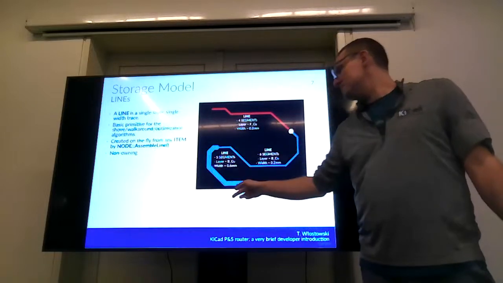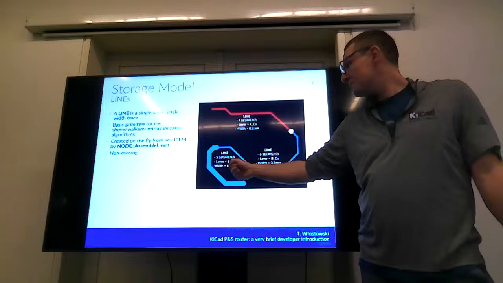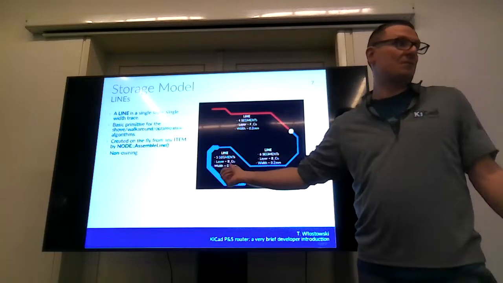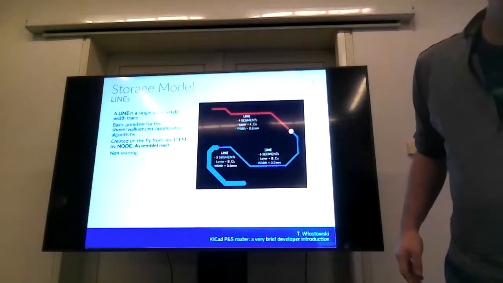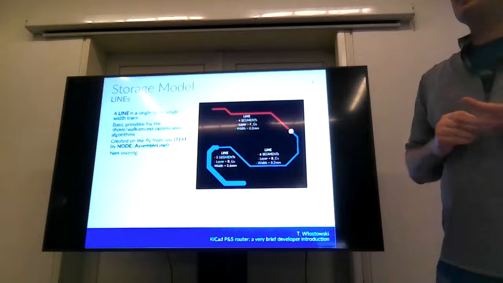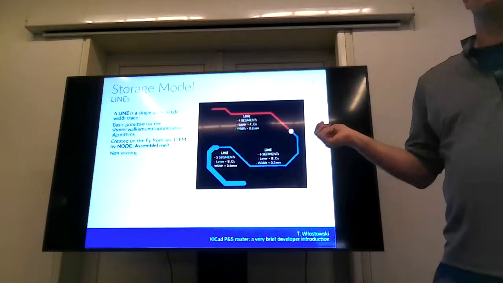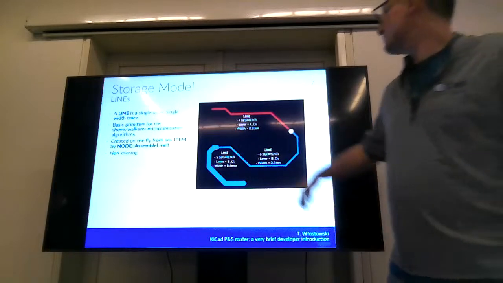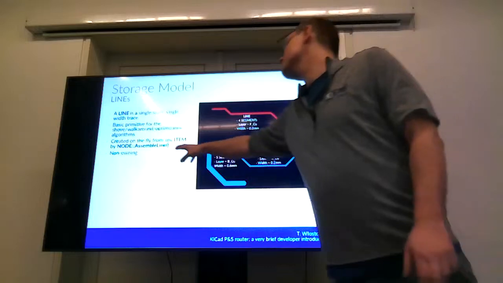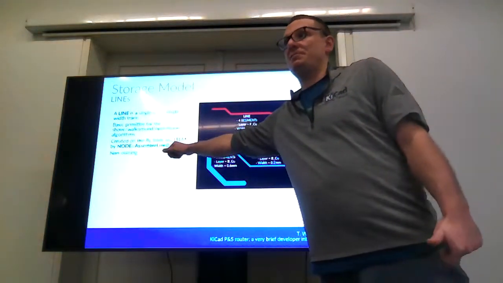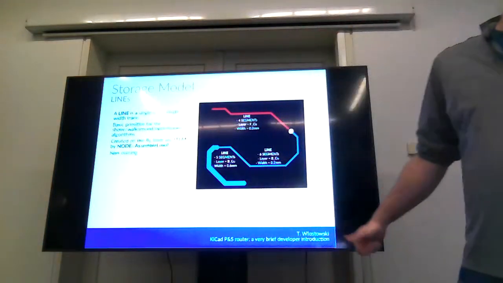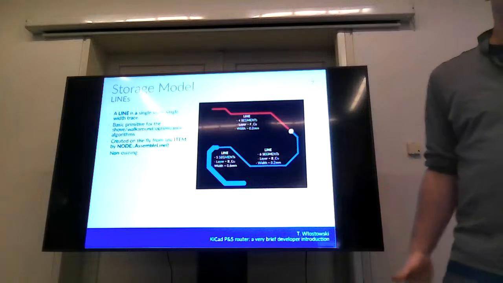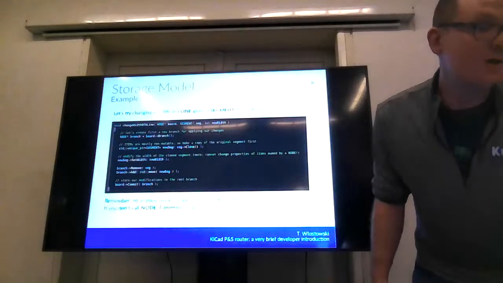But it's considered a separate line because it has a different width. The function that follows the connectivity and creates all this on the fly is called assemble line. That's also an important entry point when you want to contribute something to the router.